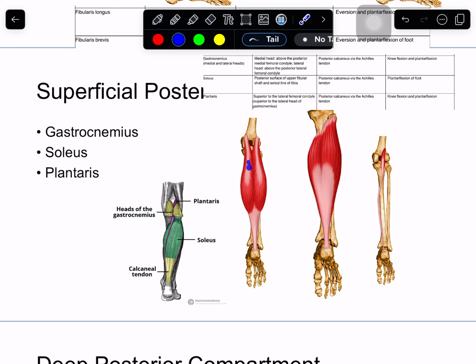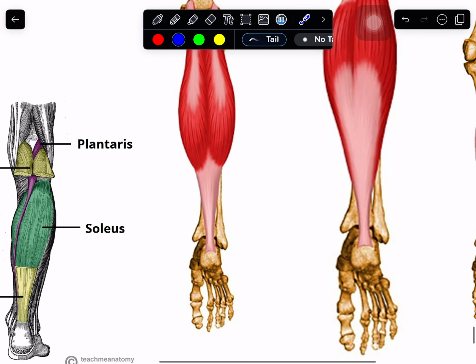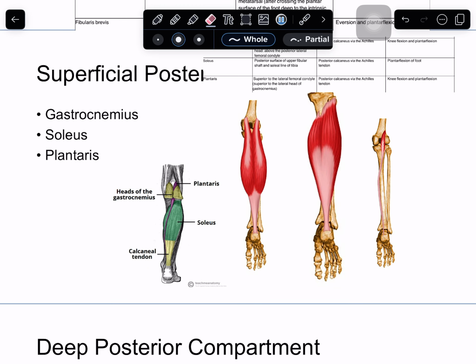They're going to converge into this piece of soft tissue that we've already discussed called the Achilles tendon, right? So the Achilles tendon, something we've all probably already heard of, is going to then insert onto the posterior aspect of the calcaneus, right? So again, that's going to be running from the femur, from the femoral epicondyle, right, for each head, converging down into this large tendinous portion called the Achilles tendon.